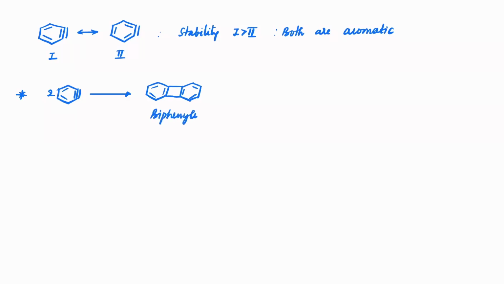Or if you have sufficient concentration of benzyne this way, then it will become triphenylene, like this. One is biphenylene, the other one is triphenylene.